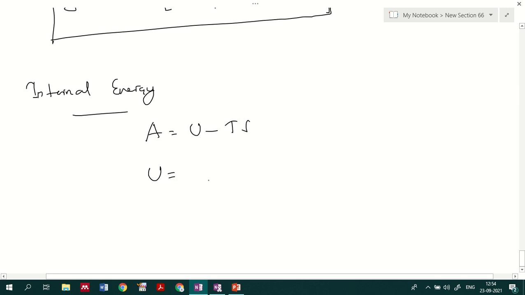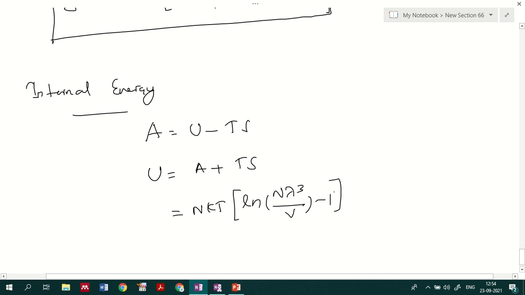The internal energy I can represent as A plus TS. Now already we know our Helmholtz energy, which has the representation nkT ln n lambda cube by v minus 1.